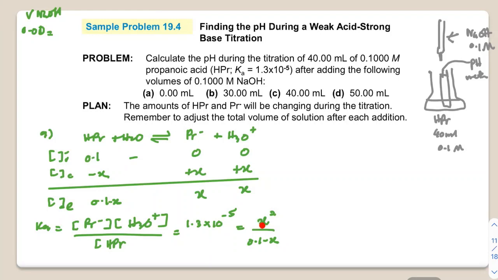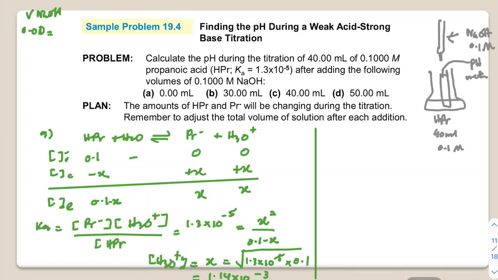So to solve for x, the concentration of H3O plus equals x, which is the square root of 1.3 times 10 negative 5 multiplied by 0.1, so it is equal to 1.14 times 10 negative 3.